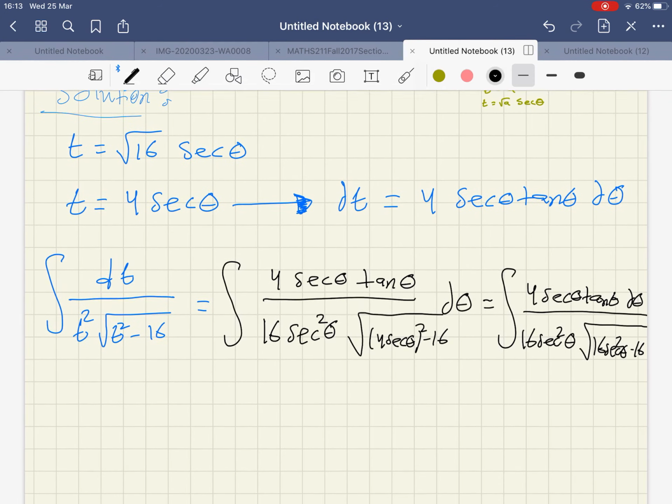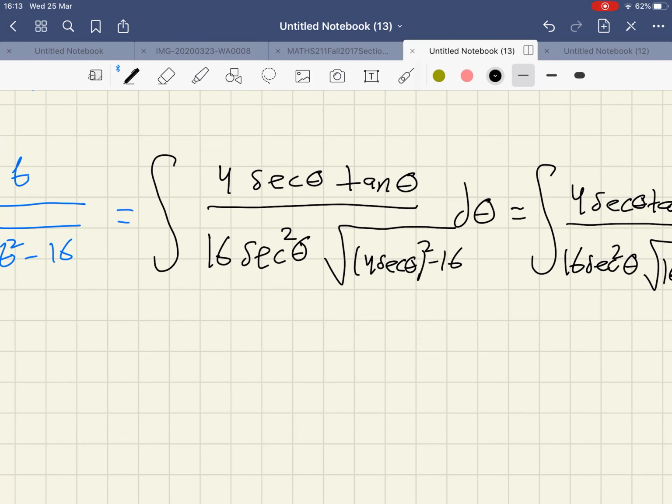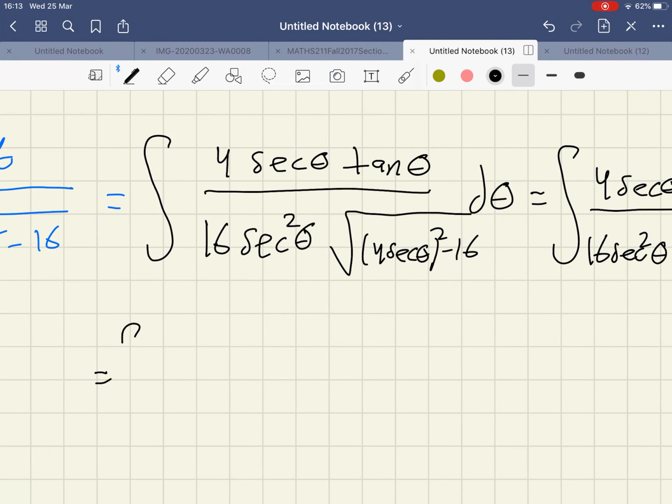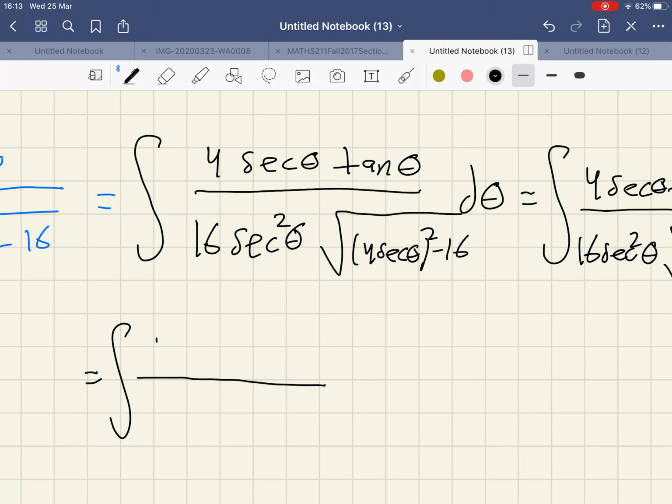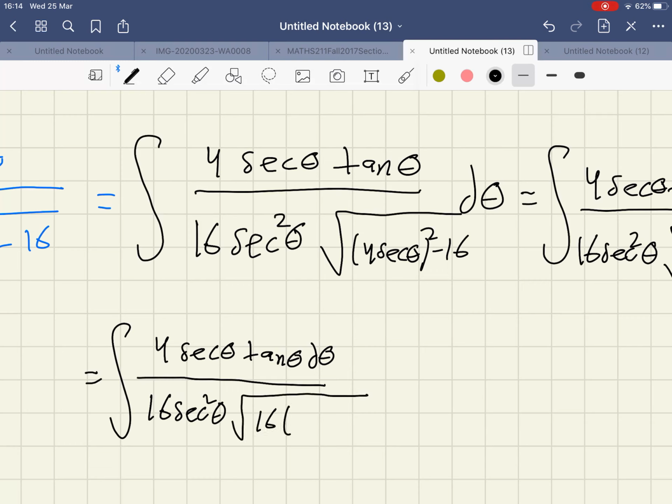Taking the 16 as a common factor will help me in this question. I will not do any simplification so far, I'll just keep the simplification for later. Now take the 16 as common factor. This will be secant squared theta minus 1, and that's what we should get.